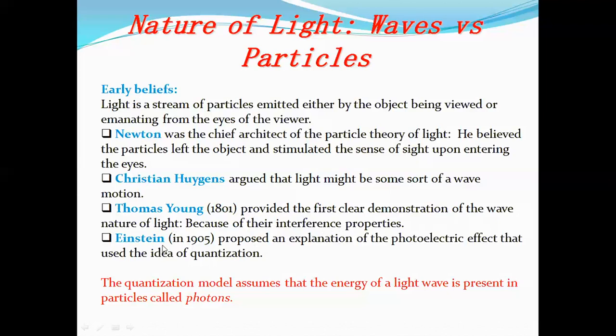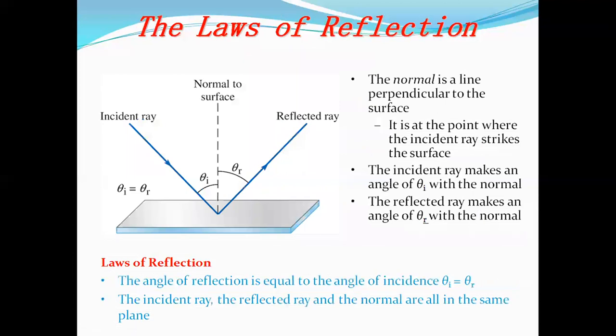And lastly, Einstein proposed an explanation of the photoelectric effect that used the idea of quantization. And we know that the quantization model assumes that the energy of a light wave is present in particles called photons.